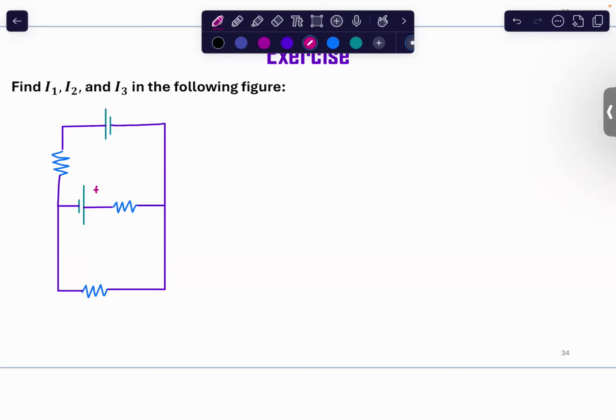Okay, so we have plus terminals, negative terminals.